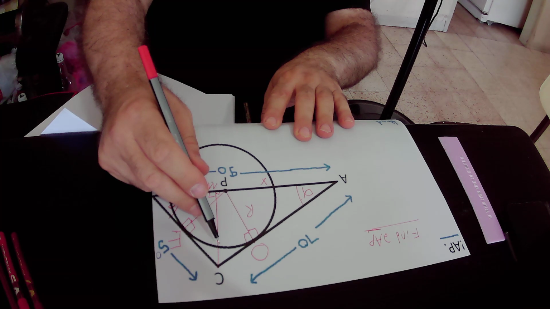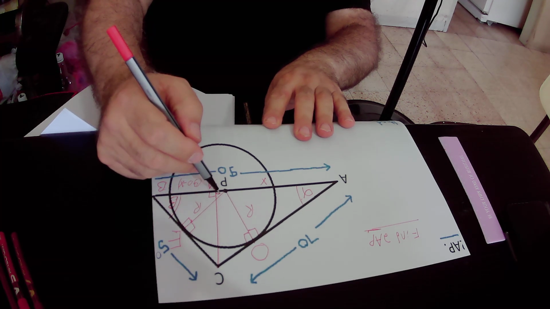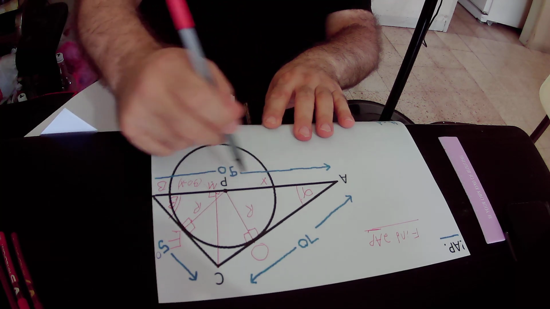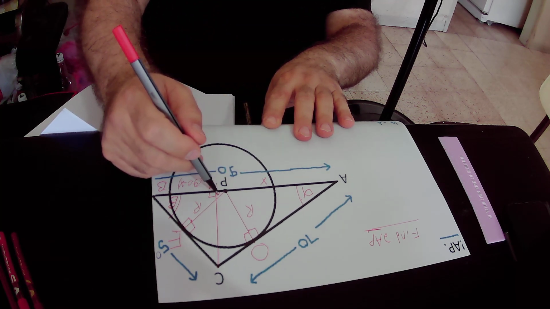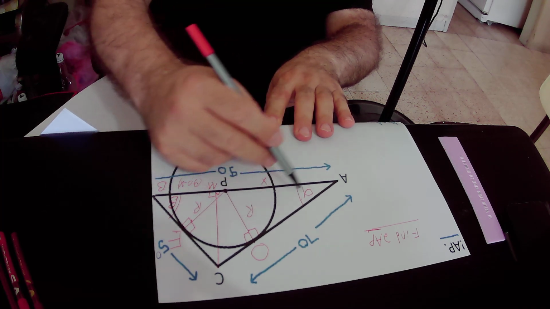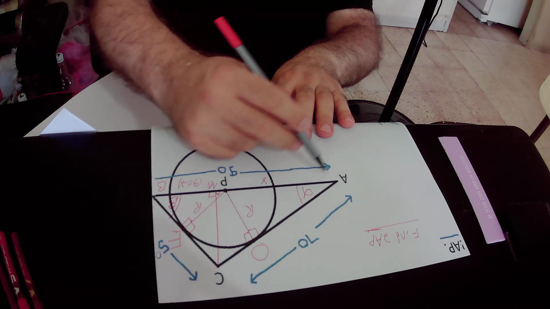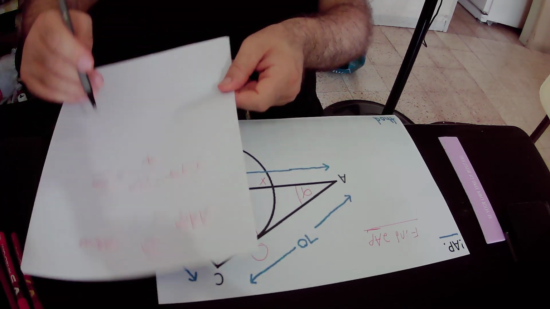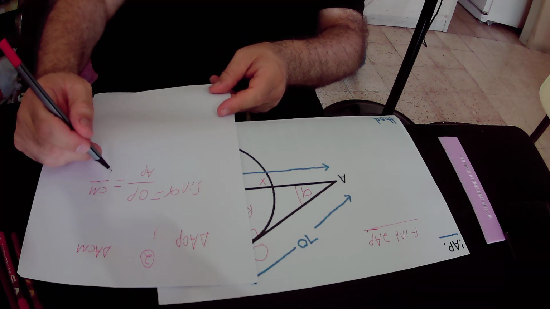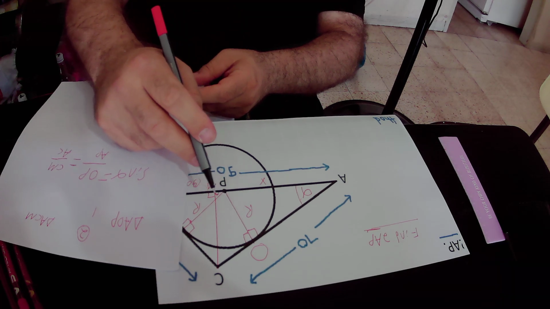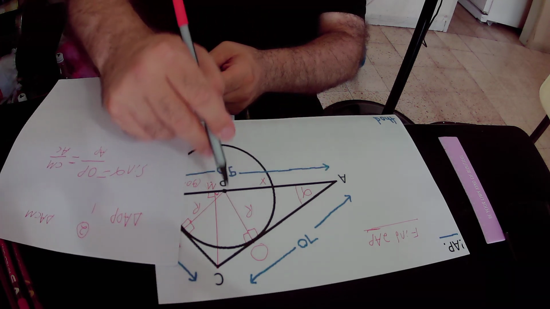because side CM is perpendicular to side AM. Here we have 90 degrees, so AC is the hypotenuse of the right triangle ACM. Okay, so it is CM over AC.